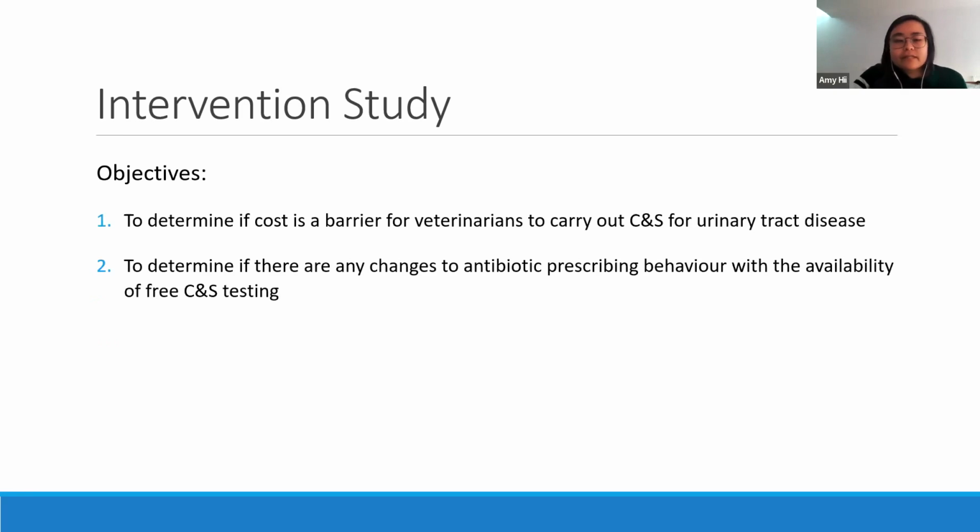The objectives of the study are to determine if cost is a barrier for veterinarians to carry out culture and sensitivity for urinary tract disease, and to determine whether, with the availability of free culture and sensitivity testing, there are any changes to antibiotic prescribing behavior.